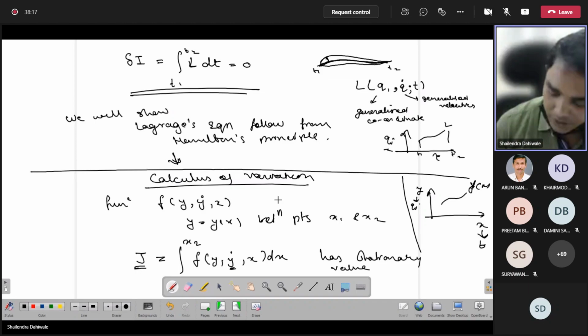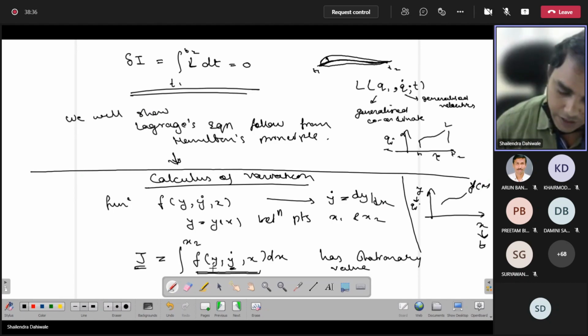So here y dot is my dy by dx. Okay, y dot is my dy by dx. So this quantity f depends on the functional form of the dependent variable, you can say y equal to y of x.